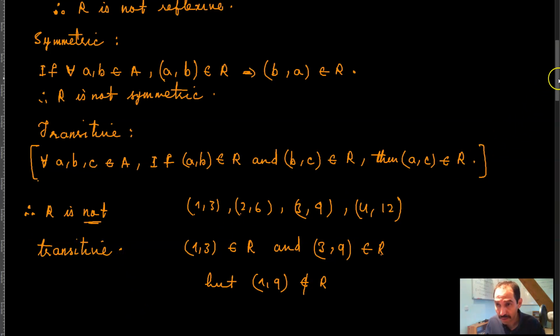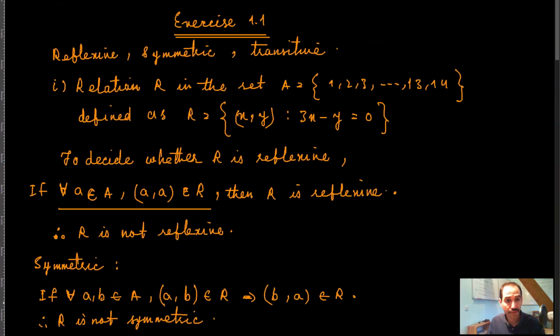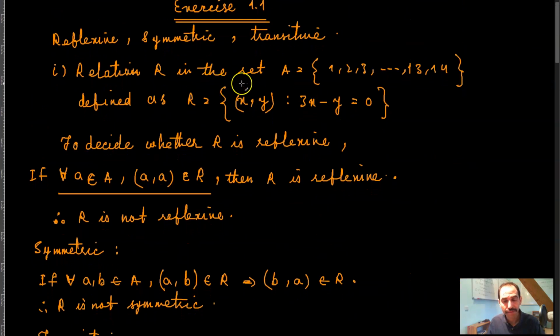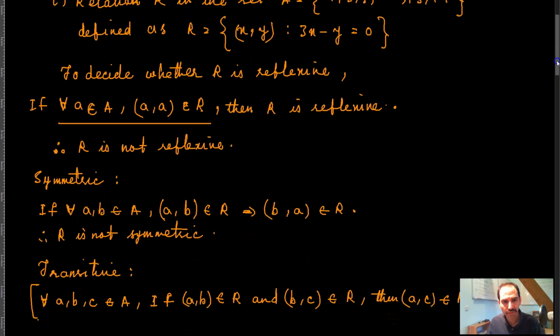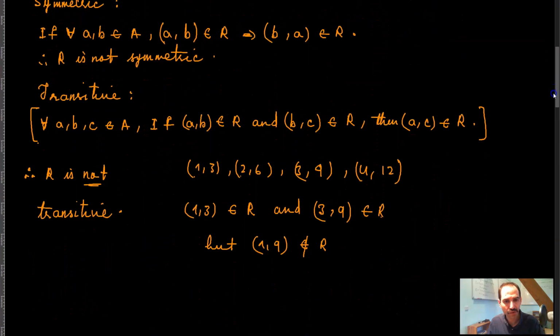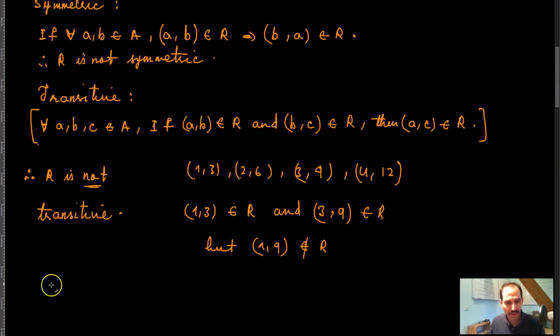So for part one of question number 1, you can say that R is neither reflexive nor symmetric nor transitive.